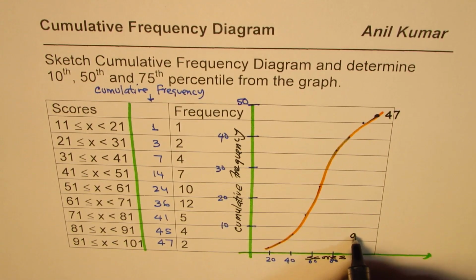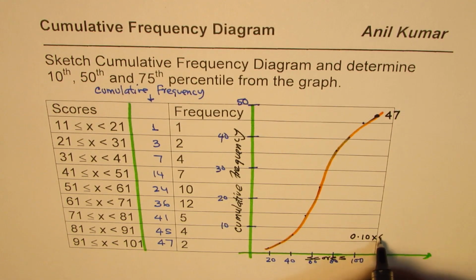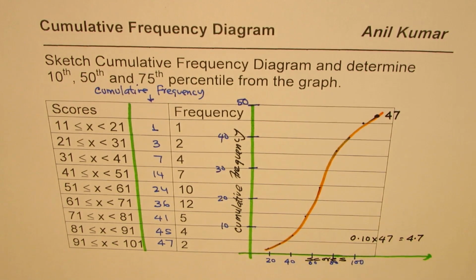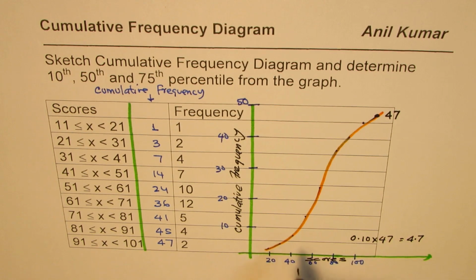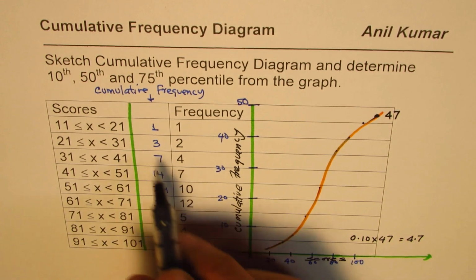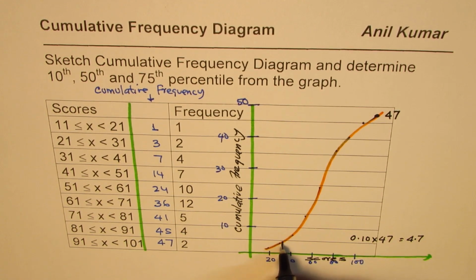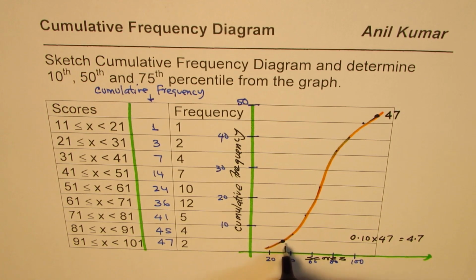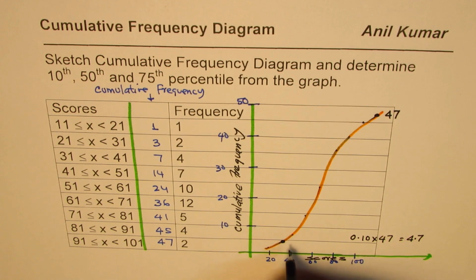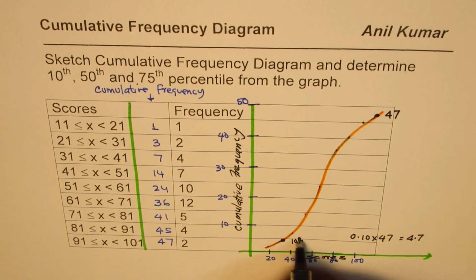So we could say 0.10 times 47, which is 4.7. That is 10th percentile. Do you get the idea, right? So 4.7 is here. Do you see that? More than 3, which we said. Is that okay? So we'll write this as 10th percentile.